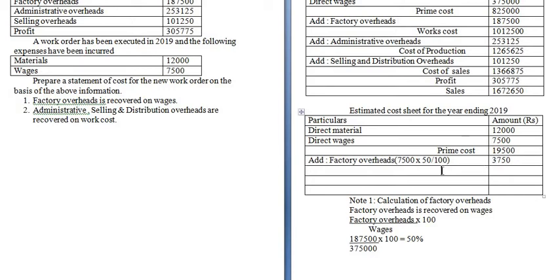Now this will be called works cost. Add it: 23,250. Next is add administrative overheads.